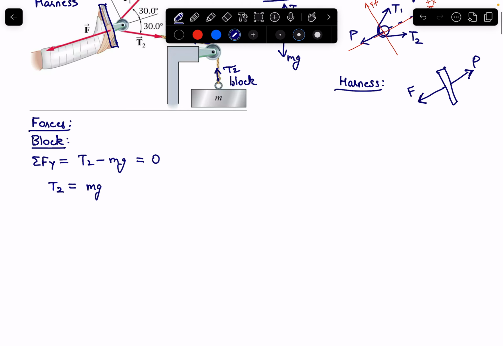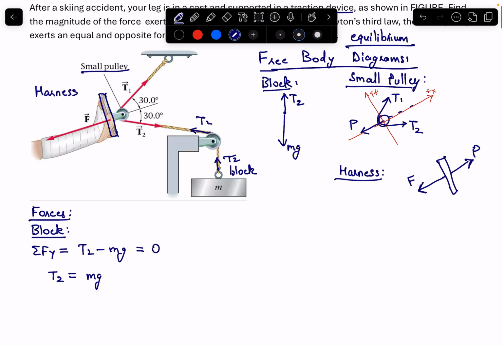All right, now let's look at the small pulley. At the small pulley, summation of F_x gives me, so remember this is my x direction, and the angle is 30 degrees. So this is 30 degrees and that is 30 degrees.